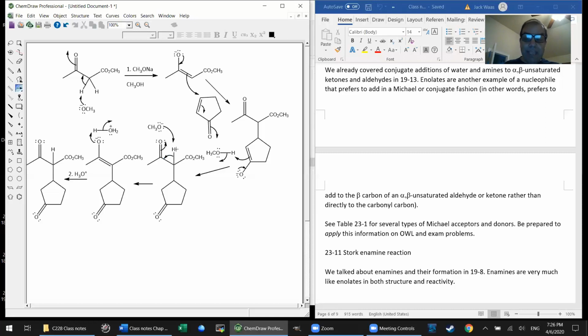But since there is still an acidic proton, that's going to get pulled off by our methoxide, and we can't stop it from happening. So it's this enolate that's actually going to be floating around quite happily in our methanolic solution until we work the reaction up by adding dilute aqueous acid. And we add that real carefully, nice and slow, keeping it cold.